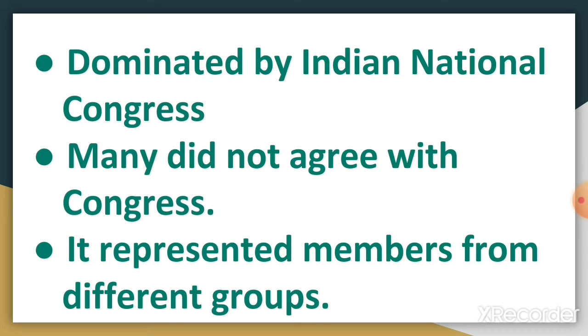The Assembly had many members who did not agree with the Congress. In social terms too, the Assembly represented members from different groups, languages, castes, classes, following different religions and having different occupations.